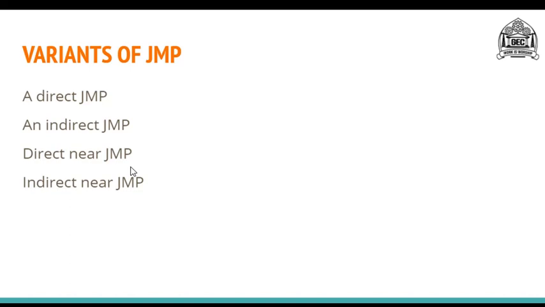So how is the address calculated in direct near jump? It will take the address which is there in your instruction pointer. As you all know, our instruction pointer contains the address of the next instruction to be fetched, right?